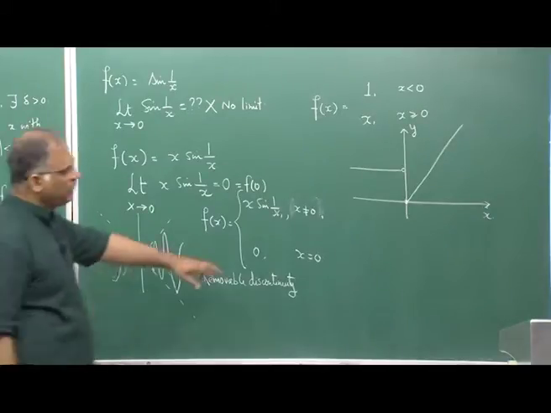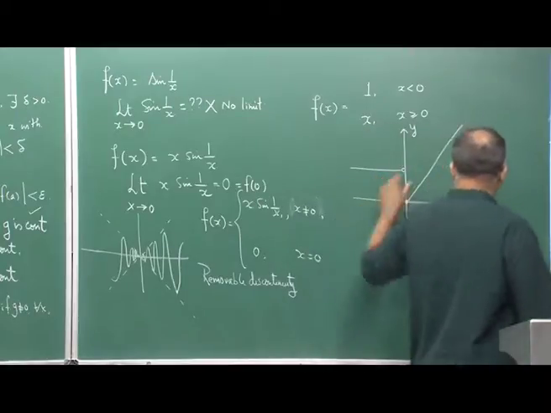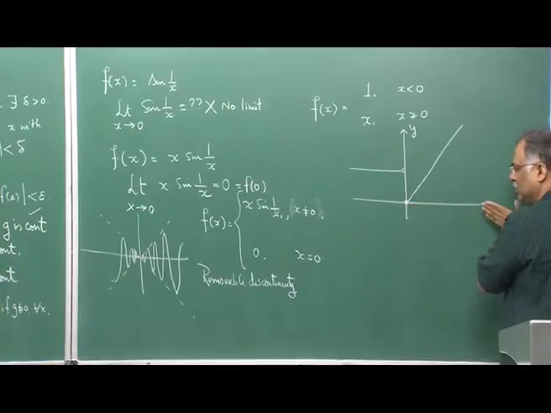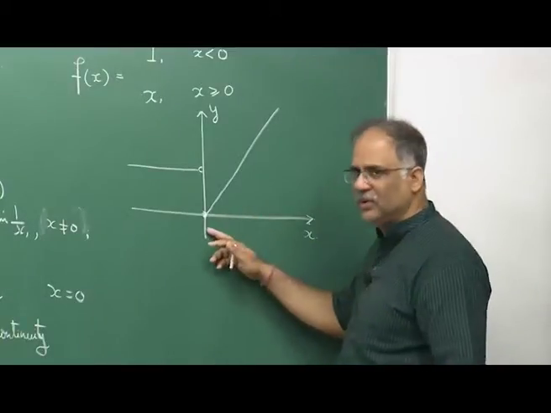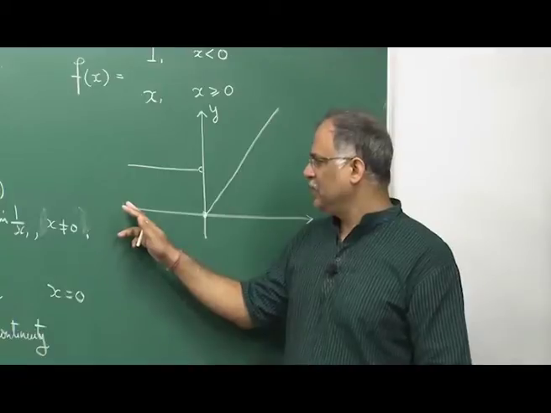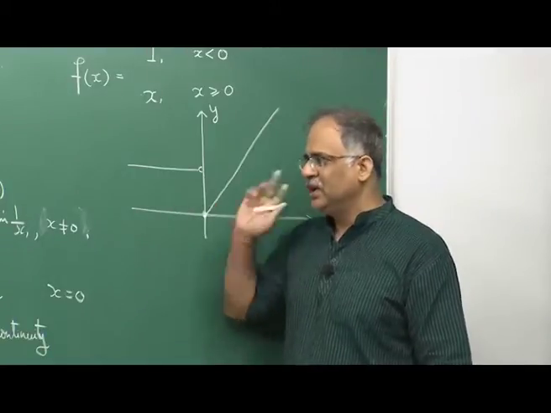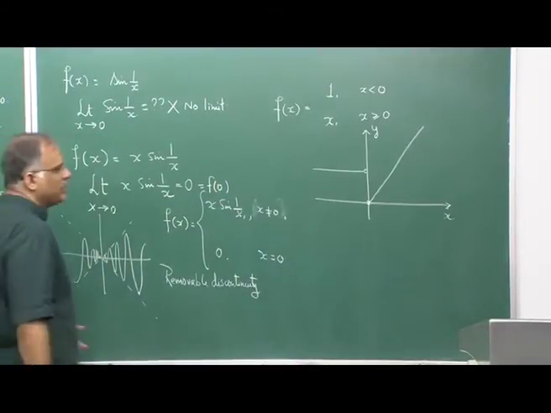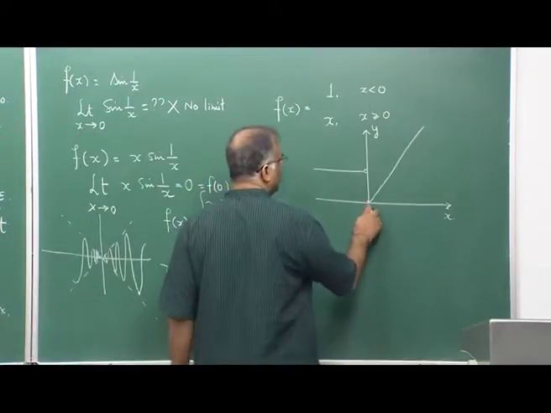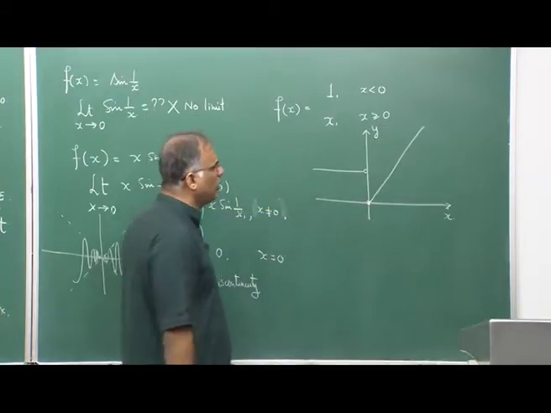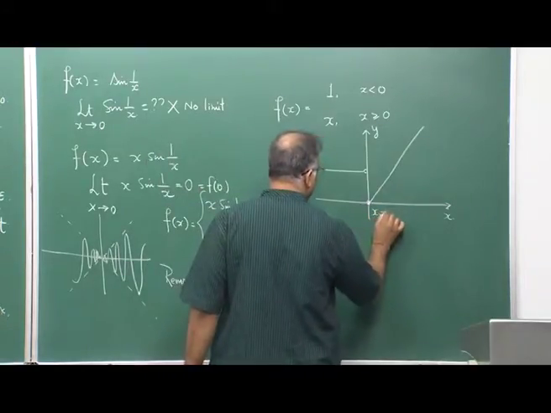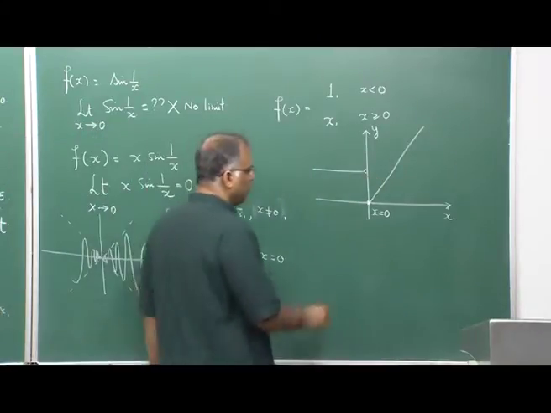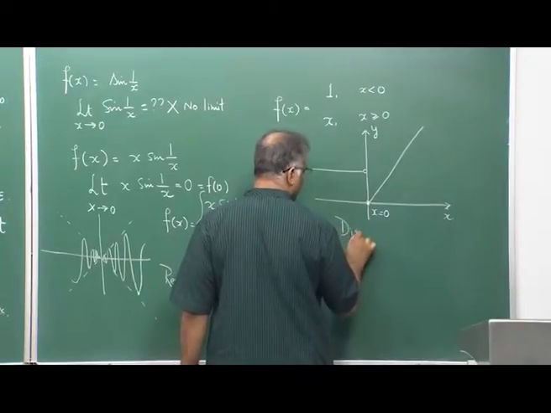So there is a discontinuity here, and this discontinuity cannot be removed because the limit as x tends to 0 from the right is 0, but the limit as x tends to 0 from the left is 1. Because the limit does not exist at the point x equal to 0, the discontinuity at that point is not removable. So this is an example of a removable discontinuity, and this is the case where the discontinuity cannot be removed.